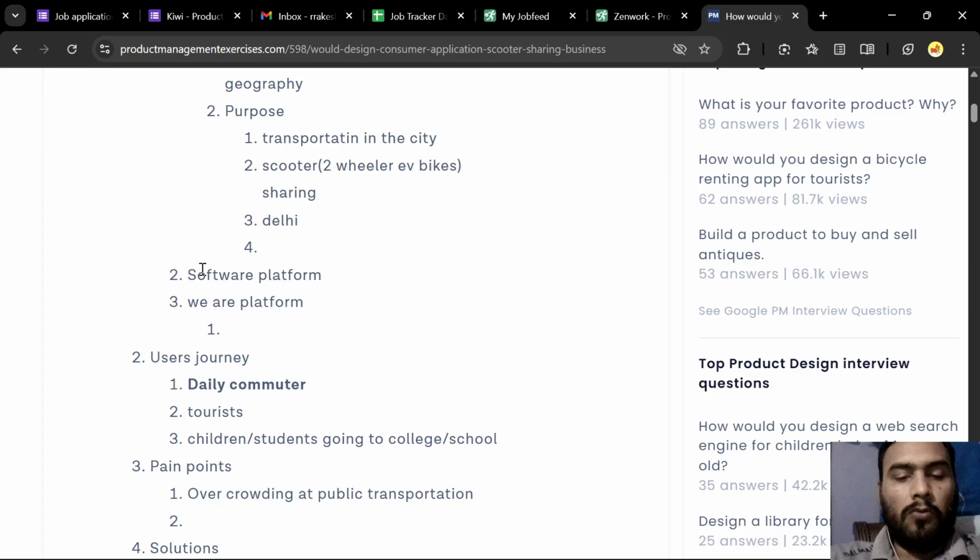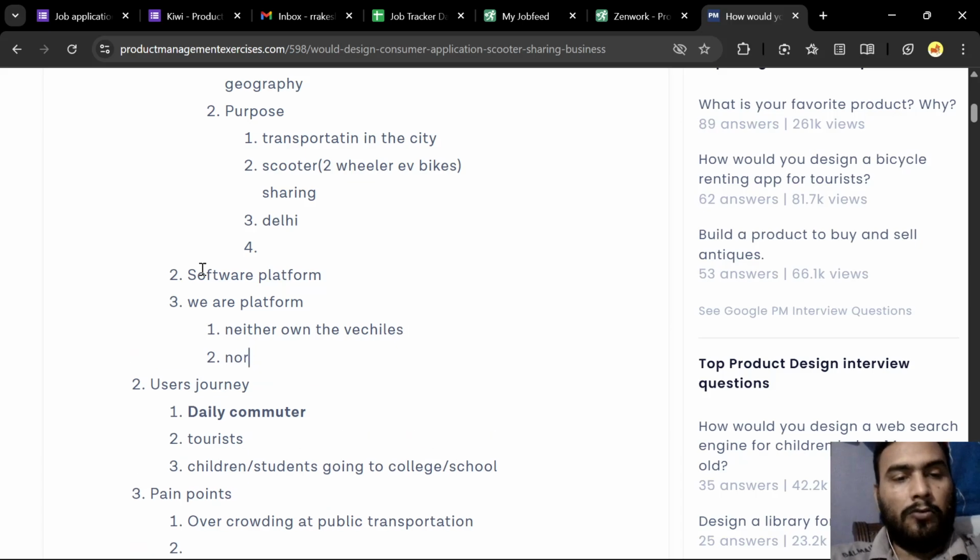We neither own the vehicles, nor do we maintain them.